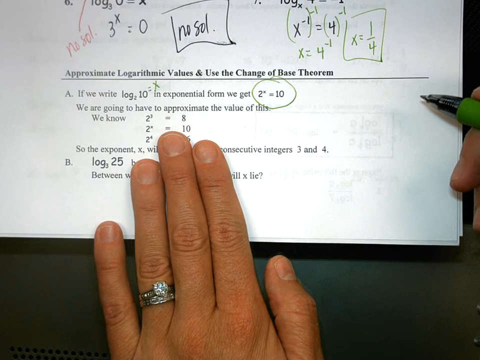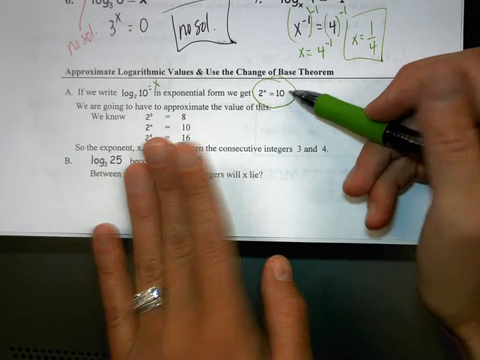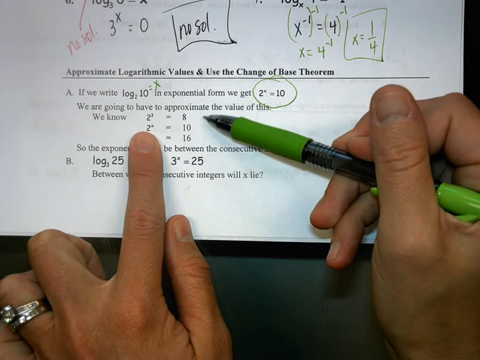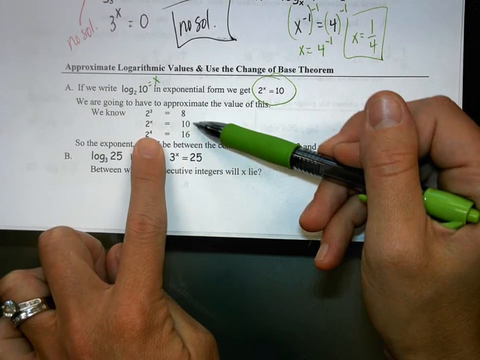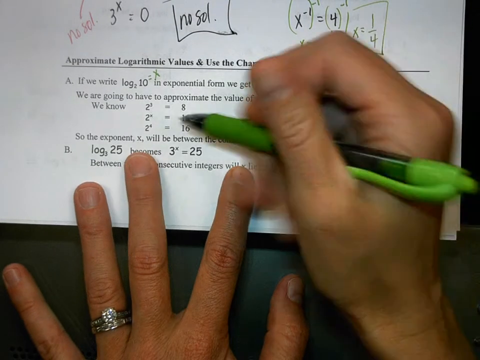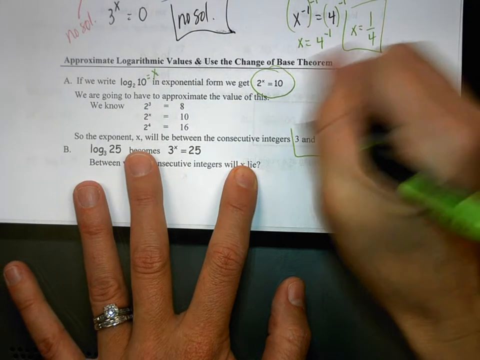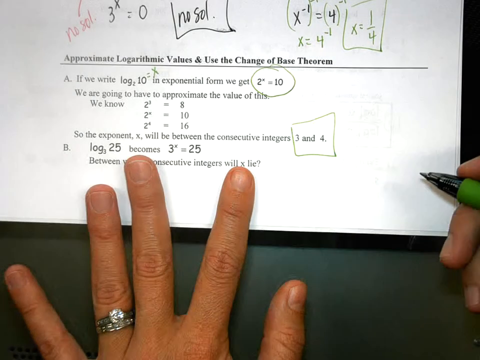Well, there are no exact answers for 2 to the x equals 10. I know that 2 to the third is 8, and 2 to the fourth is 16. And so that means my answer for 2 to the x equals 10 has to be between the numbers 3 and 4. Does that make sense?